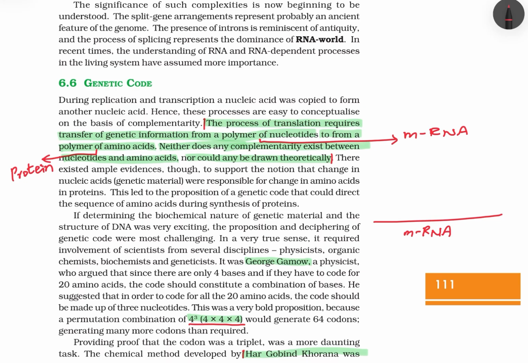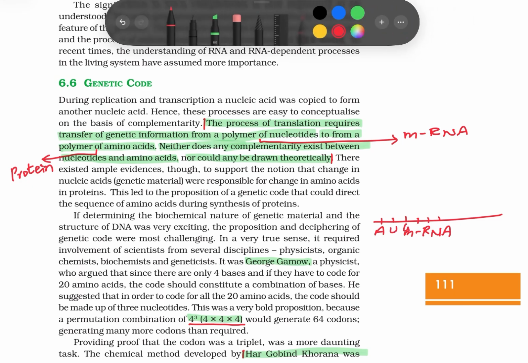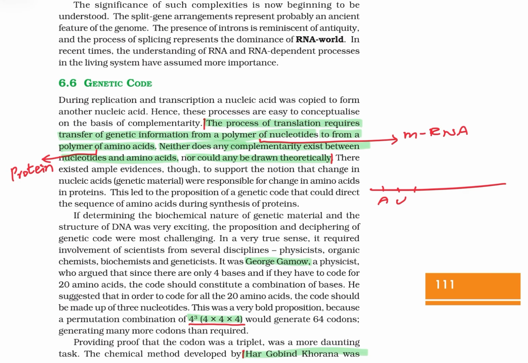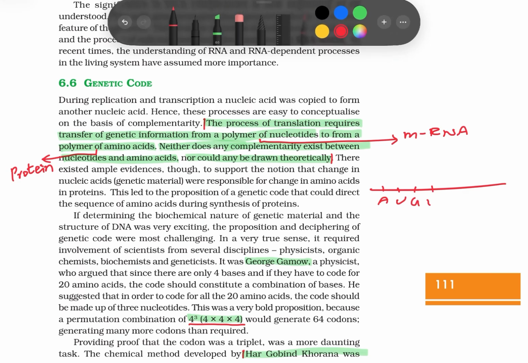On this mRNA molecule, suppose these are nucleotides. AUG is a nucleotide sequence, here UUU, here UCA, suppose these are the sequences on mRNA.